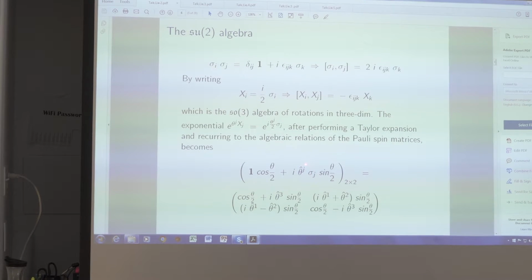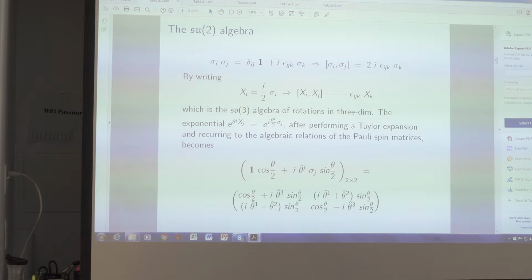Here I'm taking the contraction of these generators with this angle. So you want to replace i, theta hat, j by a linear combination of something else? A linear combination of i, j, k, the quaternion, but which is pure imaginary. Yes.